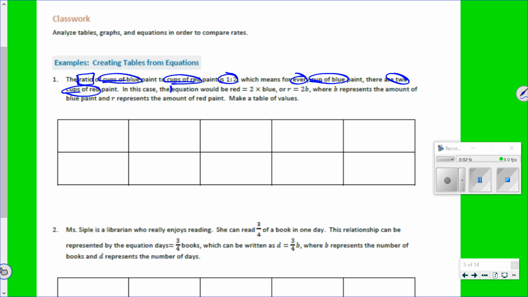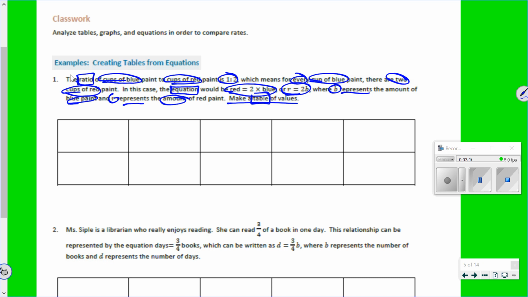In this case, the equation will be red equals 2 times B, which we would write mathematically as R equals 2B. B represents the amount of blue paint, and R represents the amount of red paint. Make a table of the values. That's what we're supposed to do.